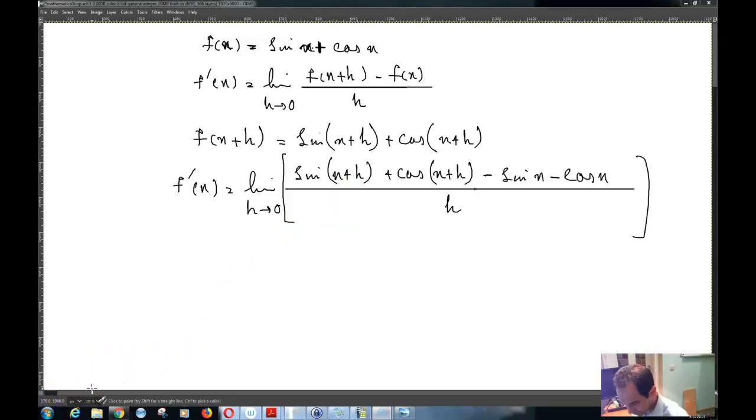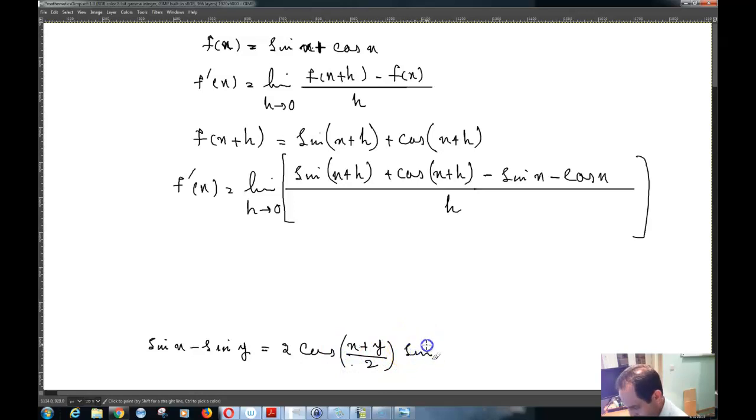To simplify this, the formulas that we have are all about cos and sine. For example, I have sine x minus sine y, and that is equal to 2 times cos of x plus y divided by 2 times sine of x minus y divided by 2.